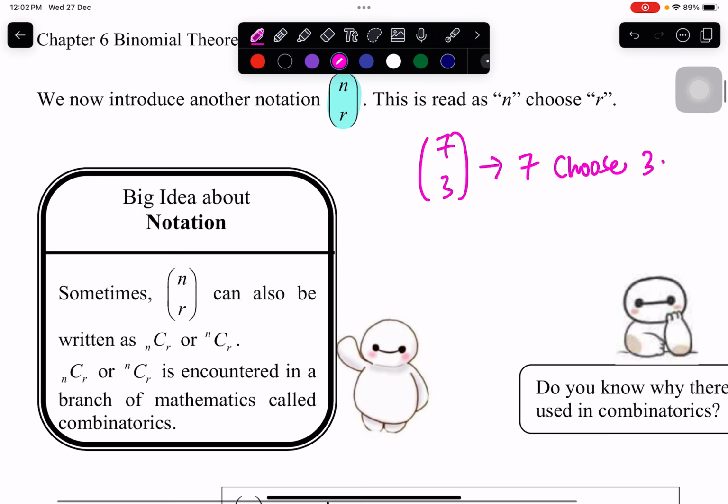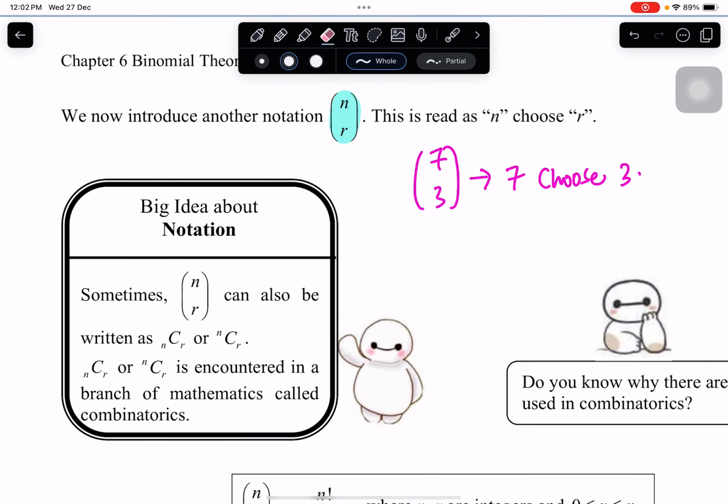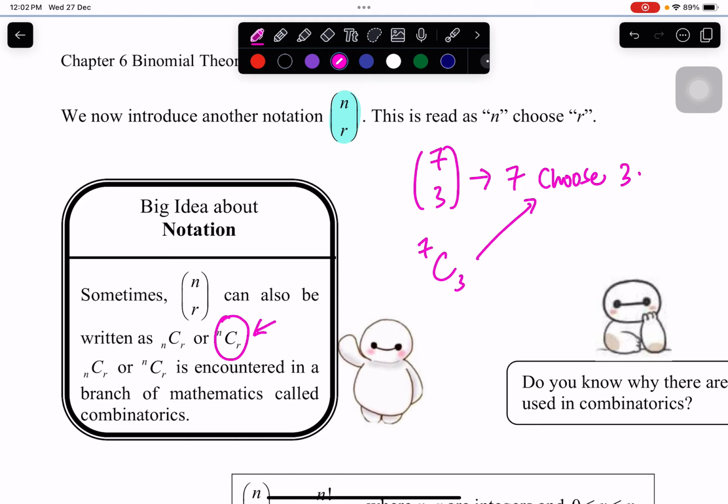The notes did mention that another way of writing n choose r is given by this symbol over here. I can write it as 7 with a capital C and 3 at the bottom right corner. These two mean the same thing.